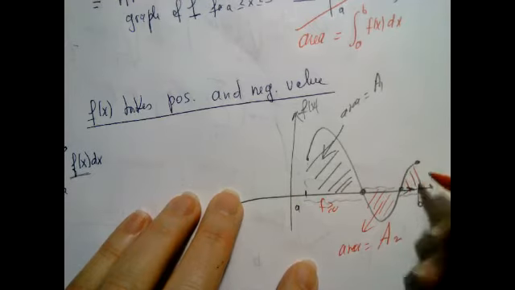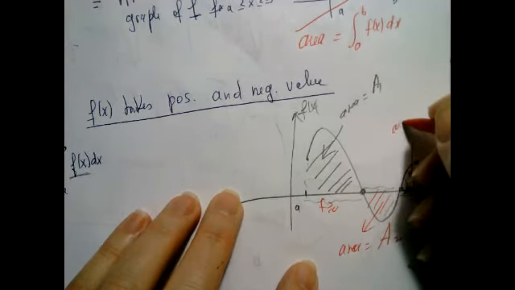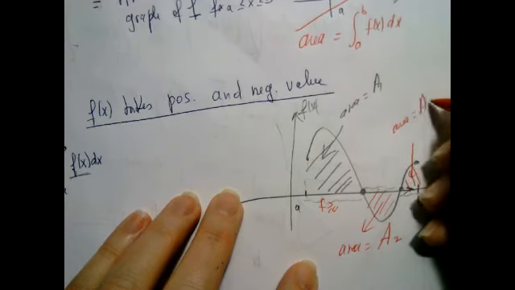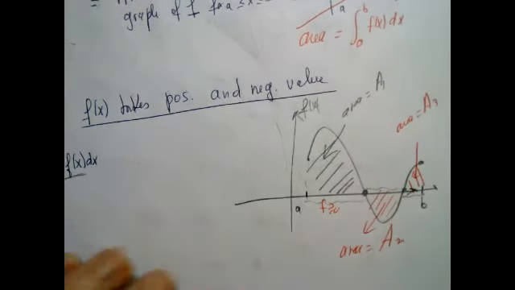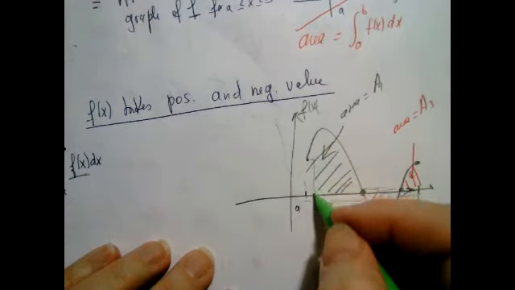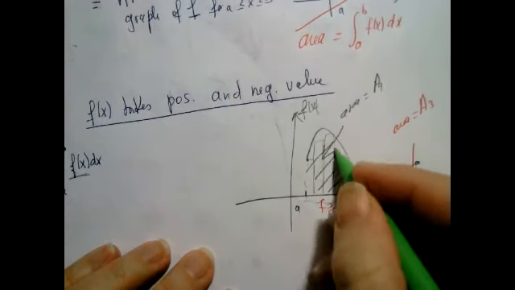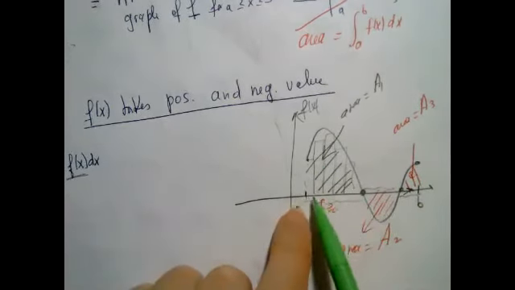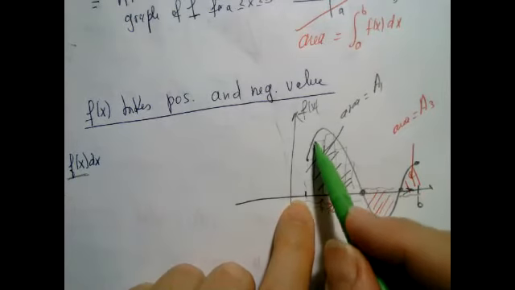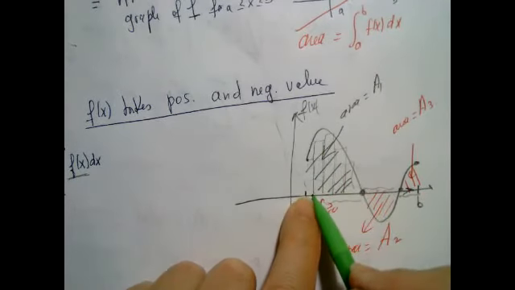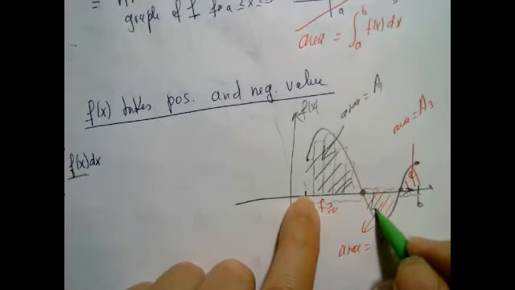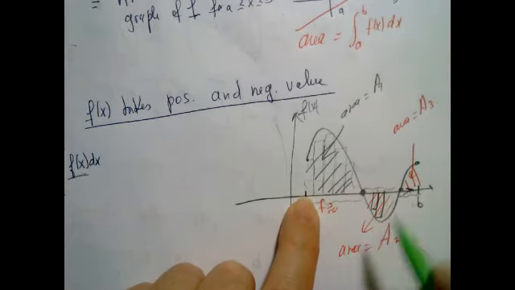And this piece here, I'm going to call this area A3. Okay. Now, when I start taking those sums, when the function is positive, f of xi delta x represents the area. When the function is negative, f of xi delta x represents minus this area. Here, it represents plus this area.